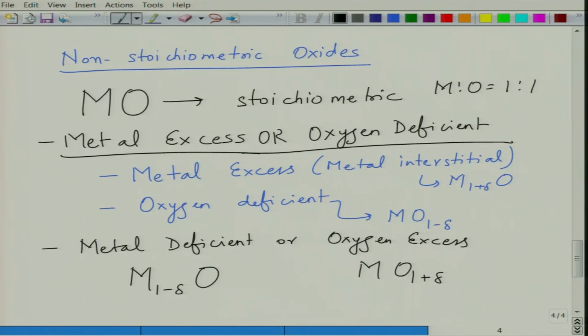Now, what is going to prevail depends upon various conditions. It depends upon temperature, it depends upon the partial pressure of oxygen, it depends upon the thermodynamics. There are a lot of factors which determine inherently what would be the nature of a material, and most importantly it is governed by the conditions under which they exist. So, we will see the effect of some of those conditions on the evolution of these defects.